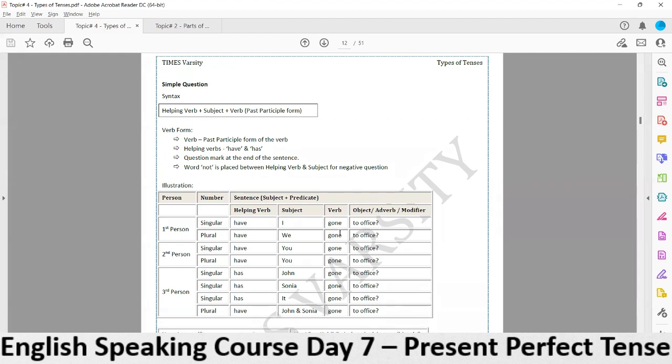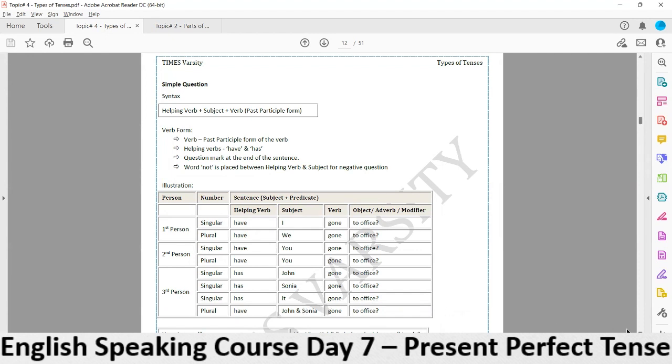Have we gone to office? Have you gone to office? Have you gone to office? Since with the third person singular, has is used as the helping verb, has John gone to office? Has Sonia gone to office? Has it gone to forest? Have John and Sonia gone to office?